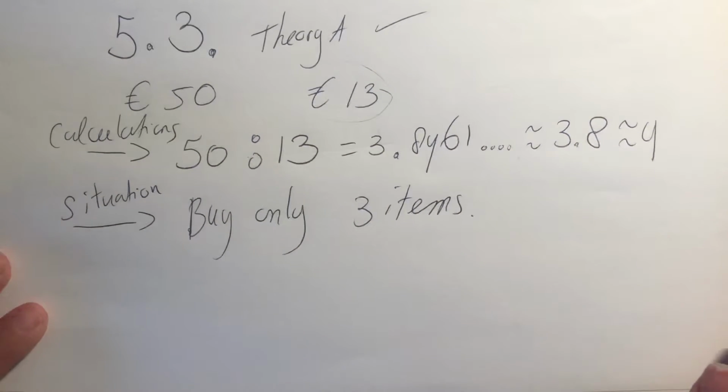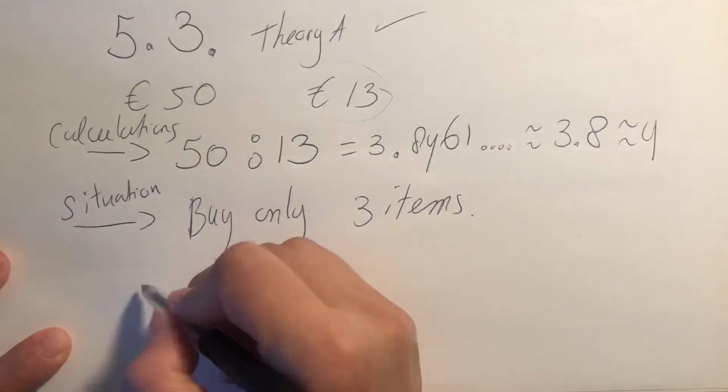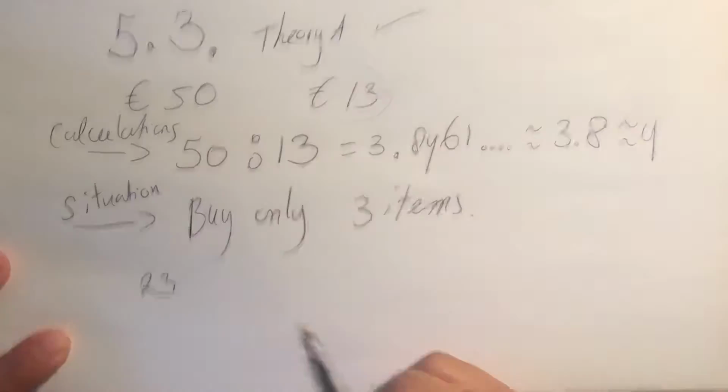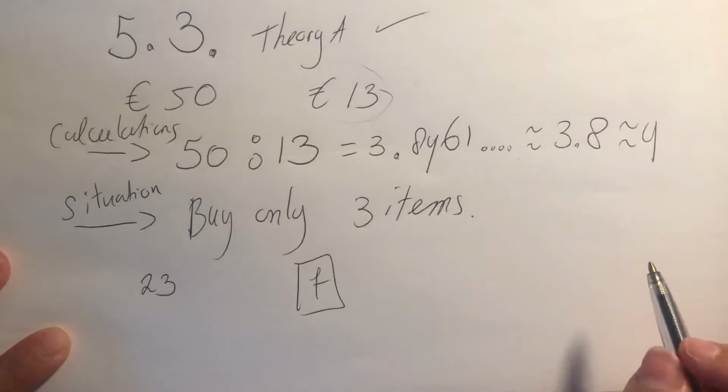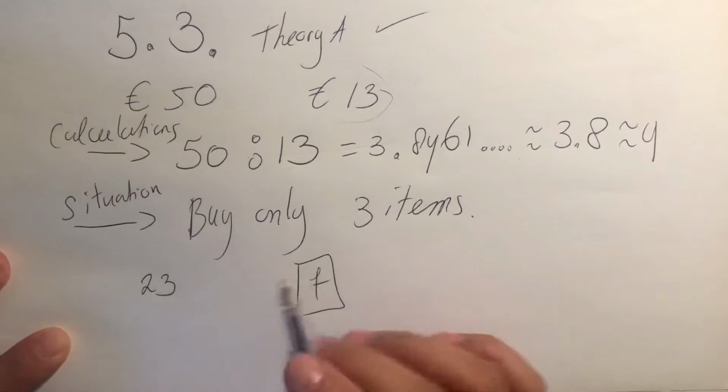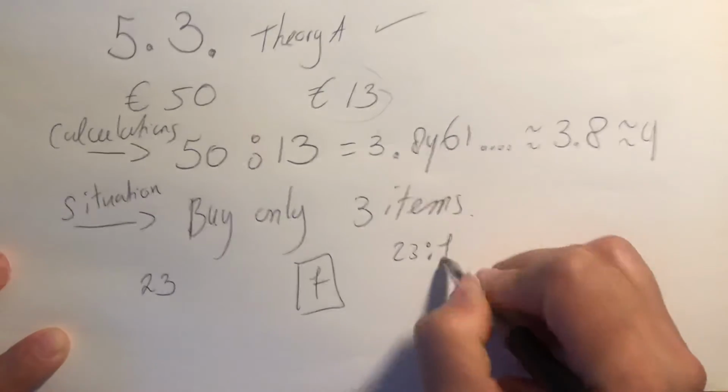Now, let's take another example. For example, there are 23 people waiting for an elevator. The elevator can only take 7 up at once. Well, 23 divided by 7.